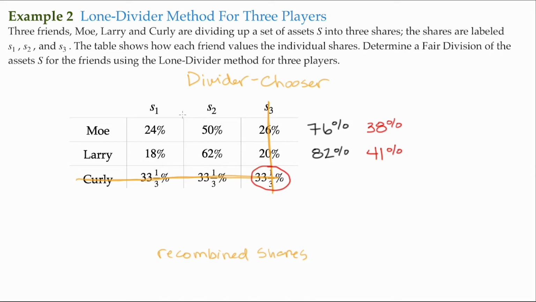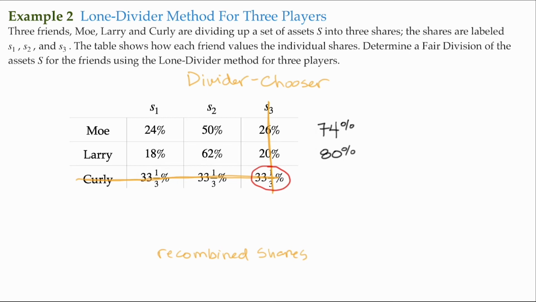Again, the remaining assets are recombined, and then we utilize the divider-chooser method. So we'll do that. 24% plus 50%, that's 74%. 18% and 62%, that's 80%.